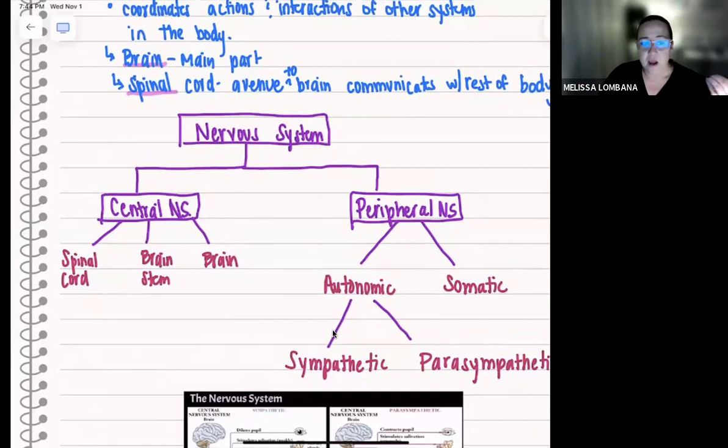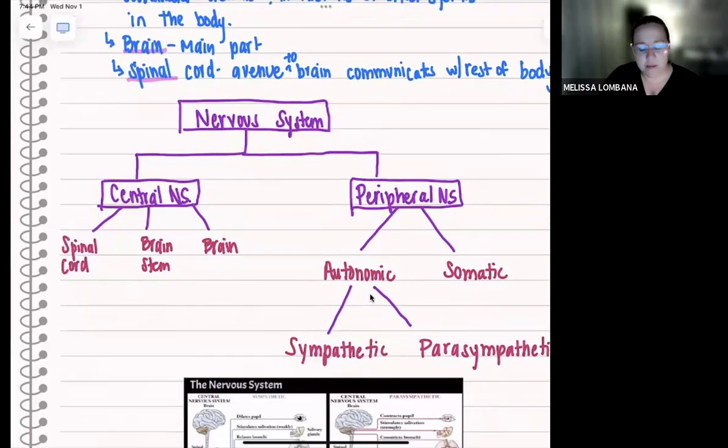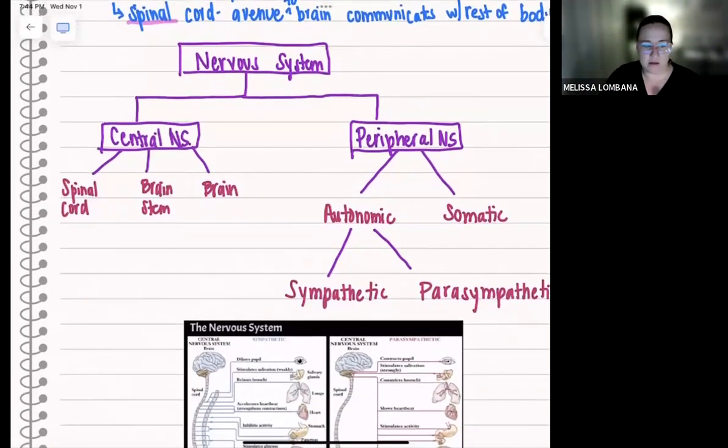Under this one, we have the autonomic and the somatic. I'm going to start with the somatic one. The somatic is anything that has to do with voluntary control, such as your muscles.